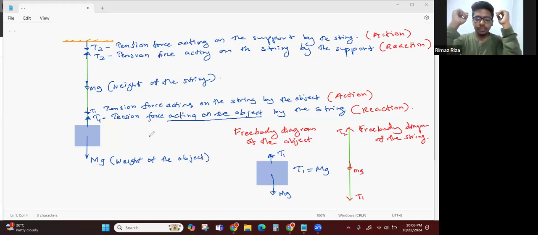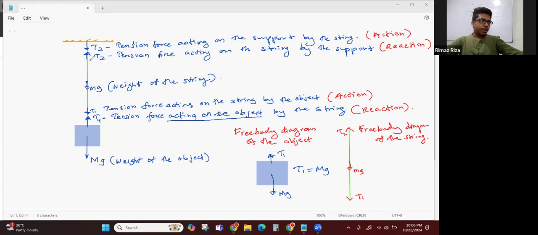Okay, so the first point, the magnitude of the tension force depends on the other external forces.